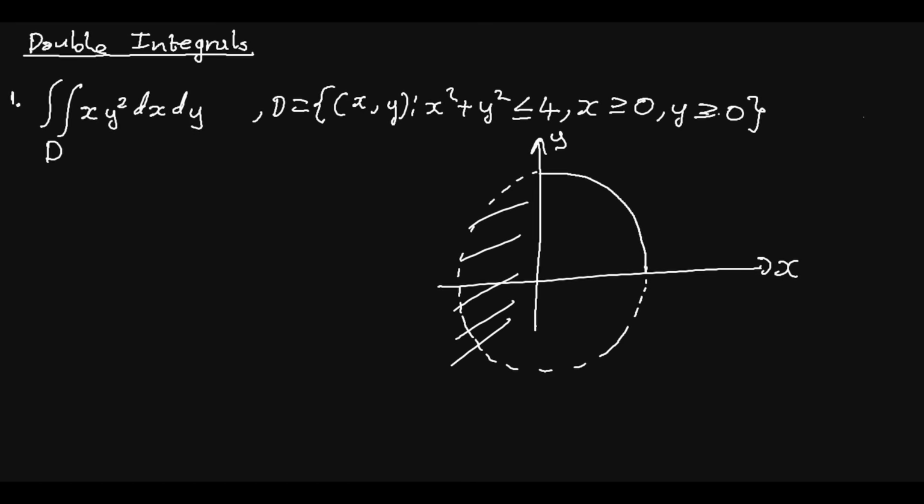It also says y is greater than or equal to 0. Y is negative below here, going down. So our interest is from 0 going up with the y-axis. So therefore our region is basically like this, and the radius is 2. It means x on this side is also 2.